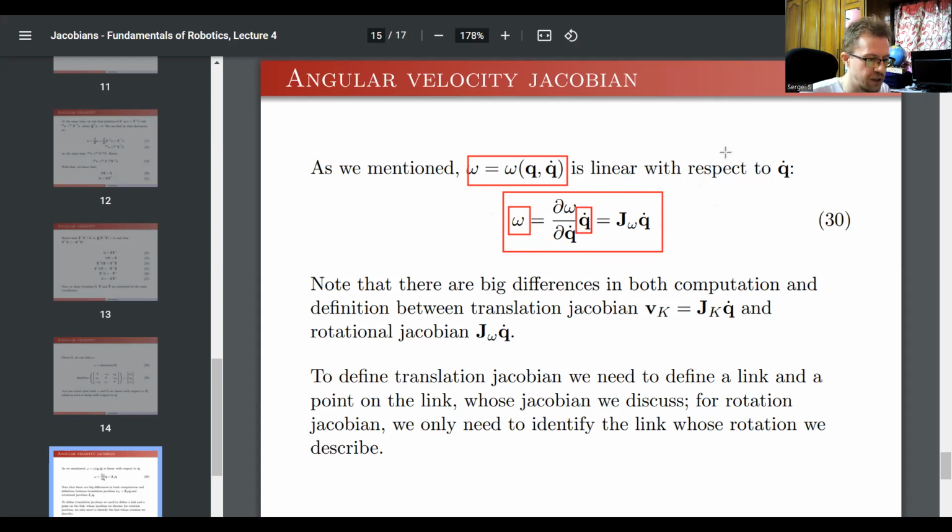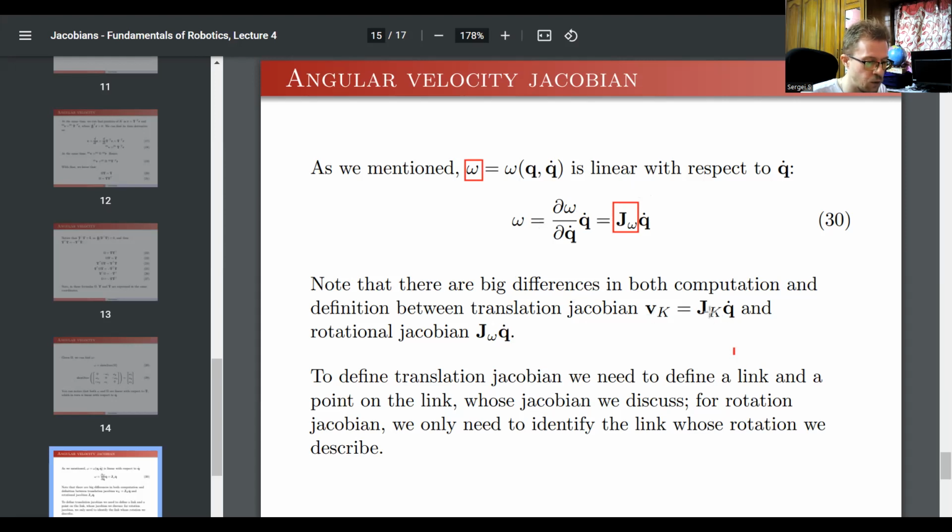So you'll get this Jacobian Q. This Jacobian you find by taking the derivative of omega with respect to q dot. And when you take the derivative of omega with respect to q dot, the Jacobian is not going to depend on q dot, because omega is linear in q dot.